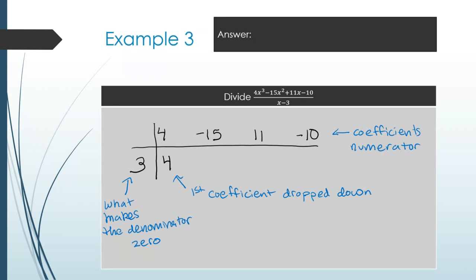So I multiply 3 times 4, which is 12, and I put that on top of the next number. 12 minus 15 is negative 3. Then you take that negative 3 and you multiply it by 3. That's negative 9. Negative 9 plus 11 is 2. Then I do 3 times 2, which is 6. 6 minus 10 is negative 4. That last number is a remainder. So if you don't get 0 in the end, that is a remainder.